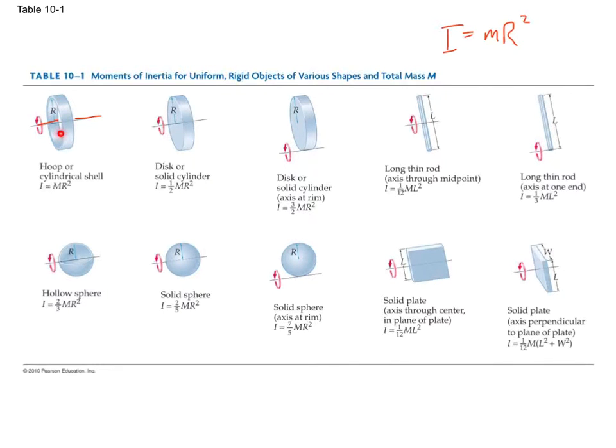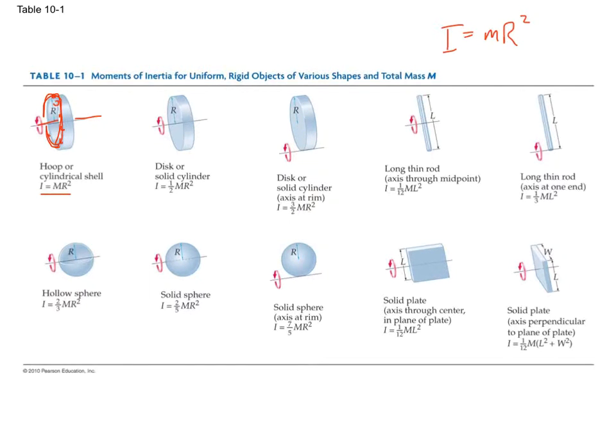As such, the moment of inertia is simply going to be regular old mr squared, because all these masses all around the edge of that rim make up the mass that has to be rotated around.